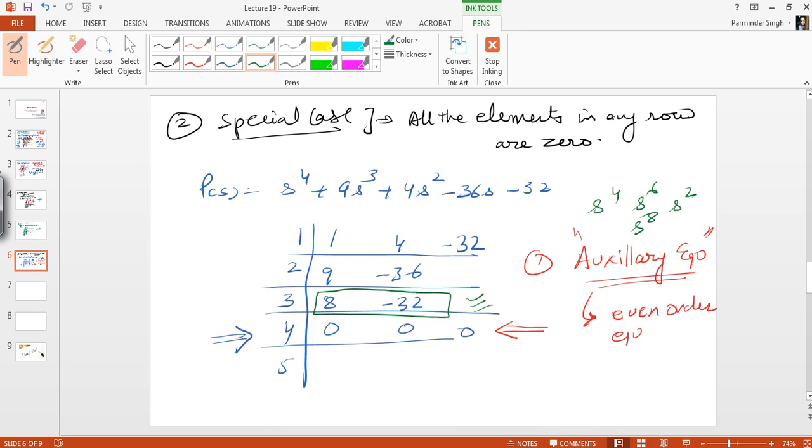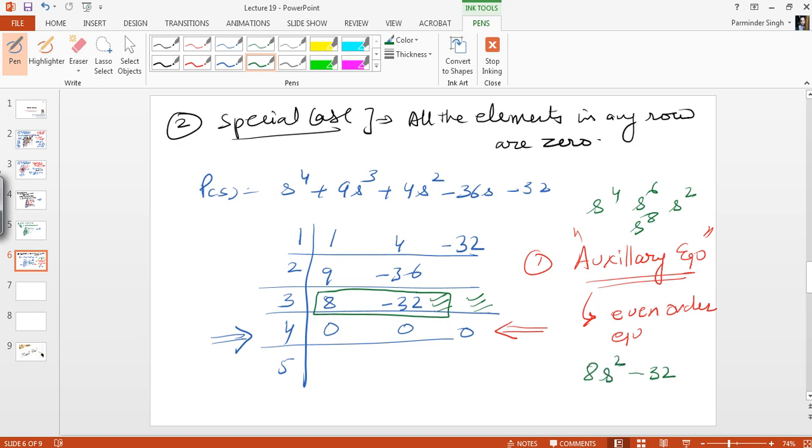Now the last element, which is minus 32, will be the constant. Remember this, the last element appearing over here, minus 32, becomes the constant of the auxiliary equation. The second entry is 8, so it becomes 8s^2.